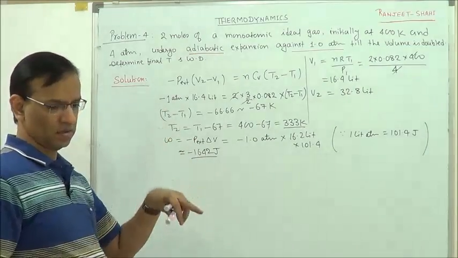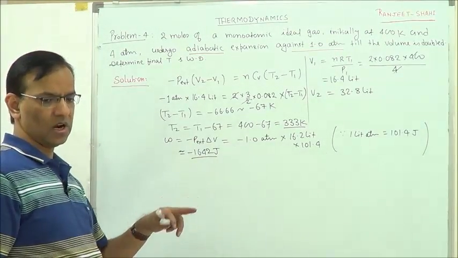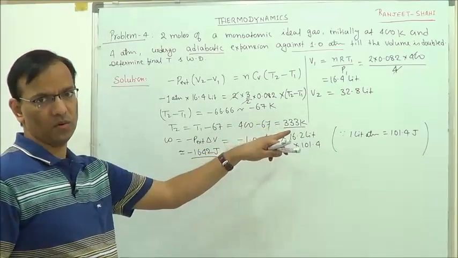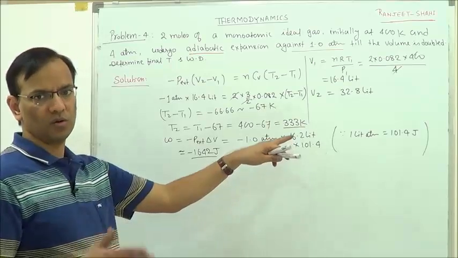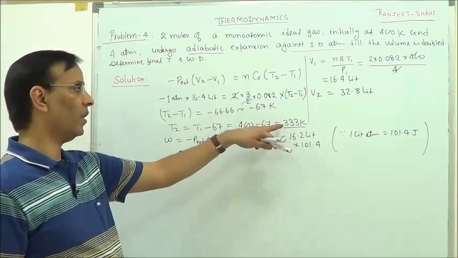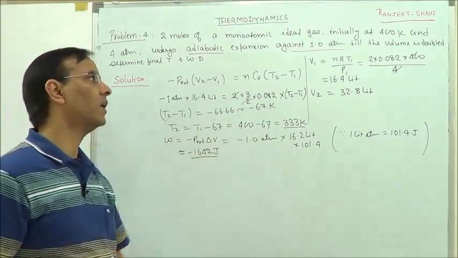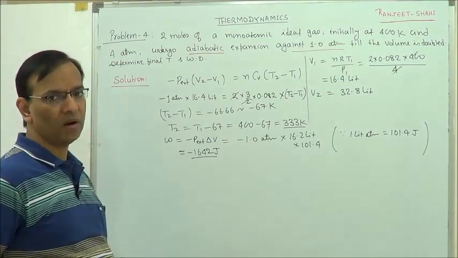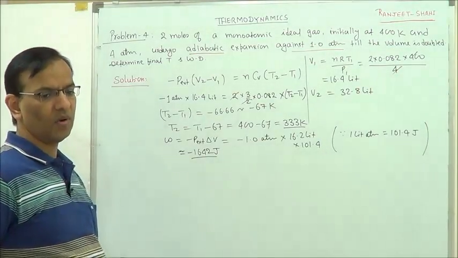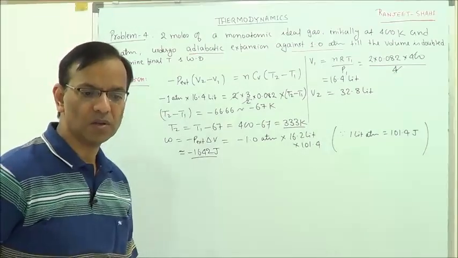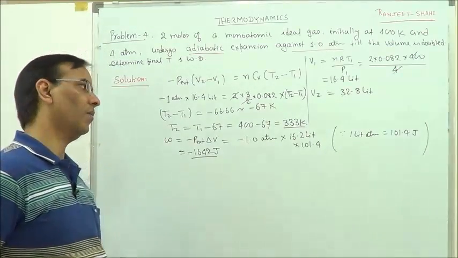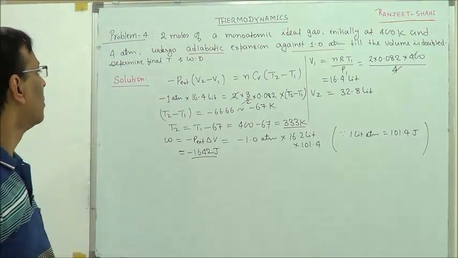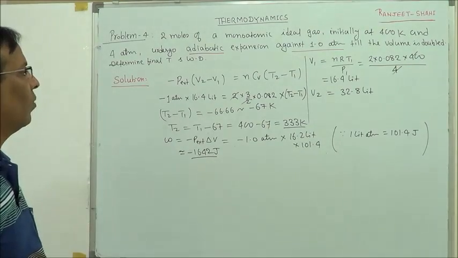I am giving you work to think about what the final temperature will be had the process been completed reversibly, and then you will find out whether the temperature decreases more in reversible or irreversible adiabatic process if carried out to the same final volume.